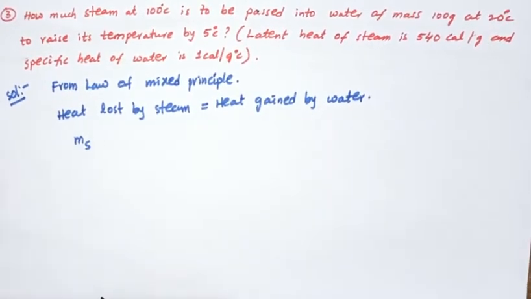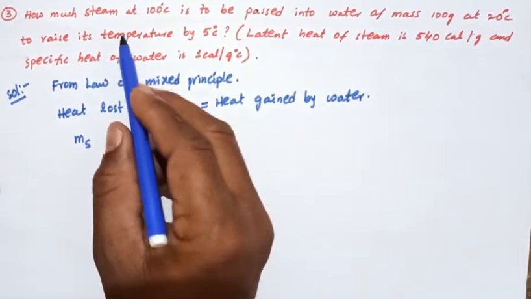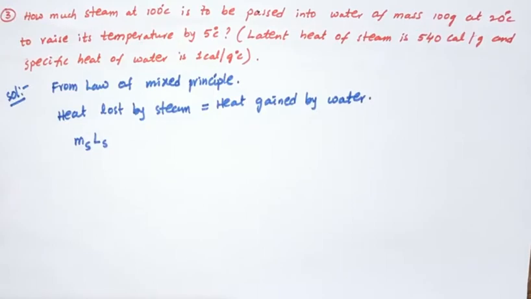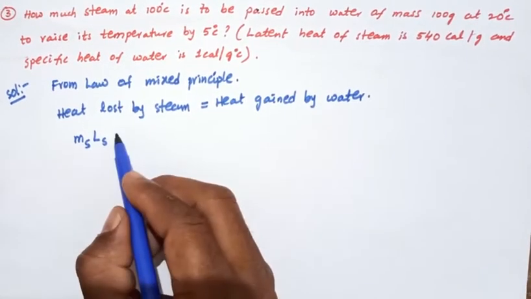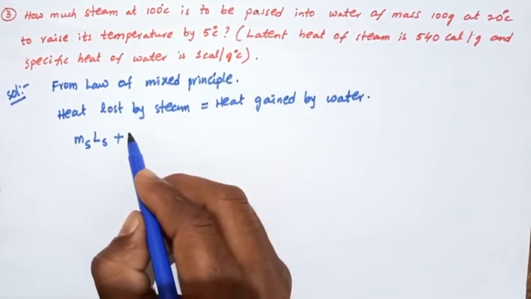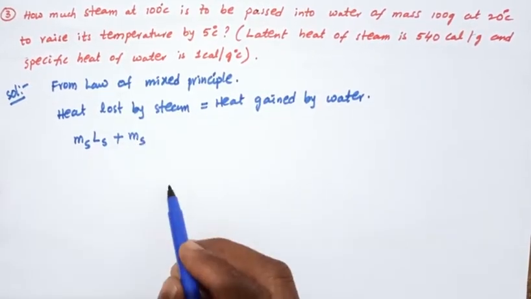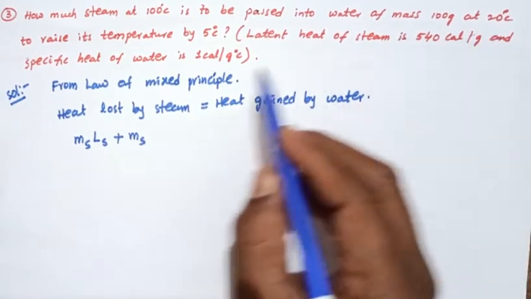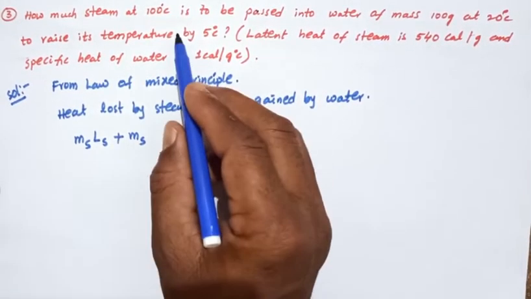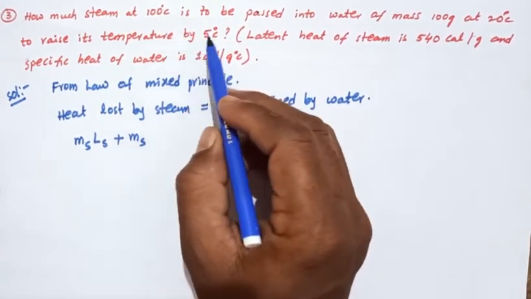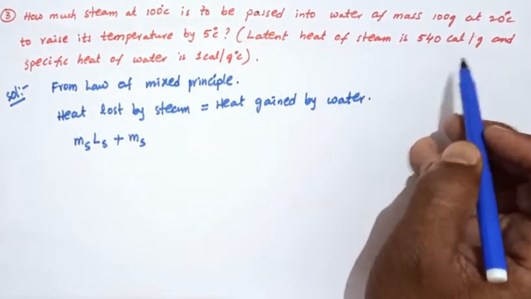So first of all, ms, the mass of the steam, into latent heat of steam, plus again it is ms, the steam, and the specific heat of water. So the water at 100 degrees Celsius is converted to 25 degrees Celsius.